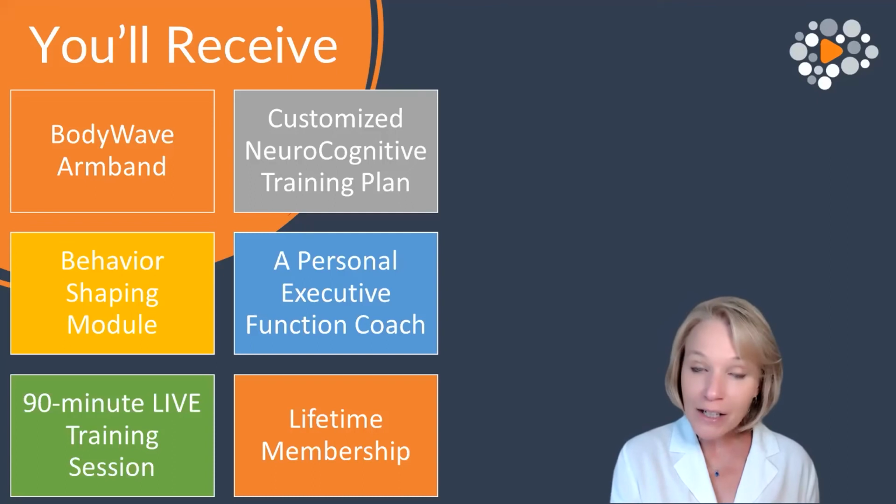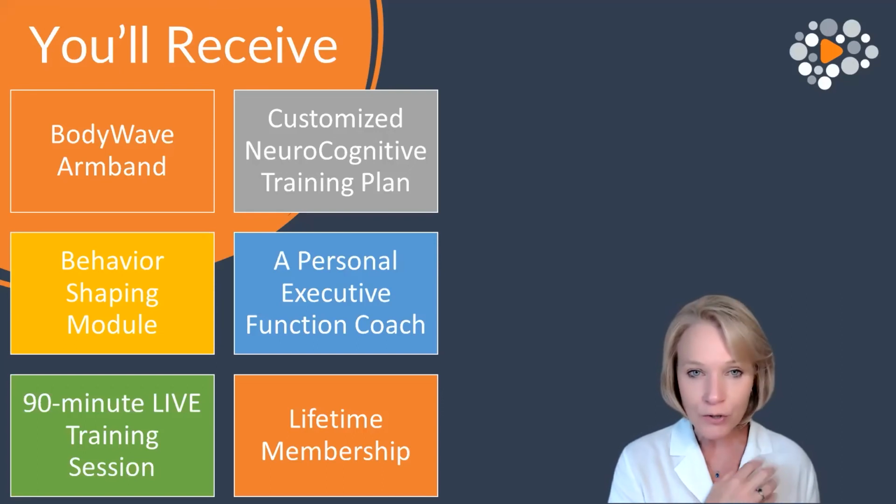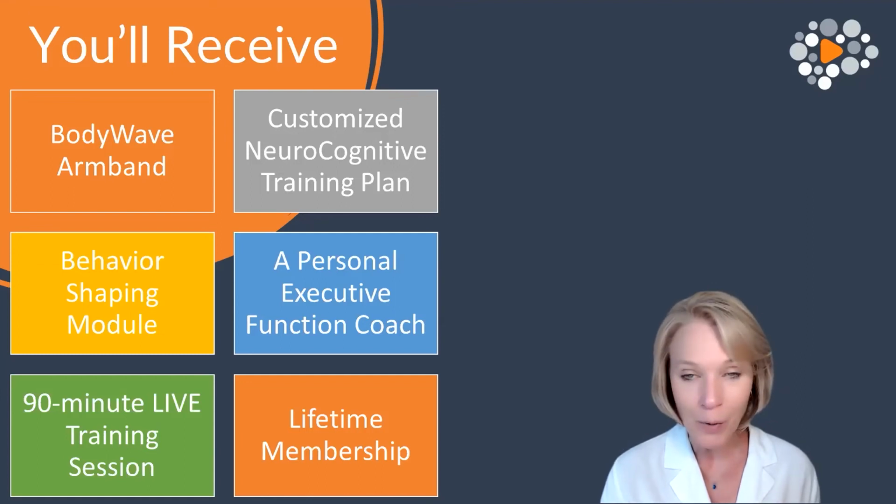Now, we haven't chatted about this, but I've mentioned that we integrate behavior shaping. And this is really critical if you have a child or a client who has a lot of self-distracting behaviors, or maybe you as an adult, you skin pick or fidget or bite your nails, or maybe your child chews on his shirt. If there are those self-distracting behaviors, we want to turn the behavior shaping component on.